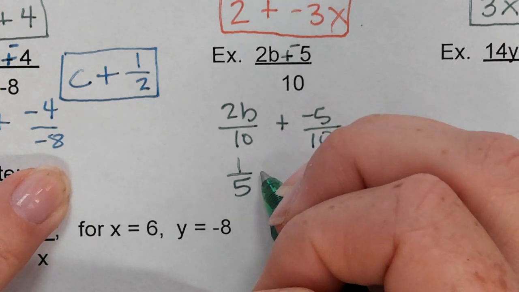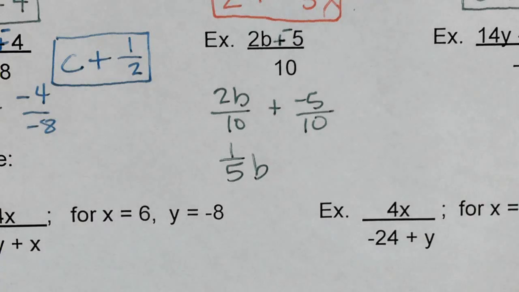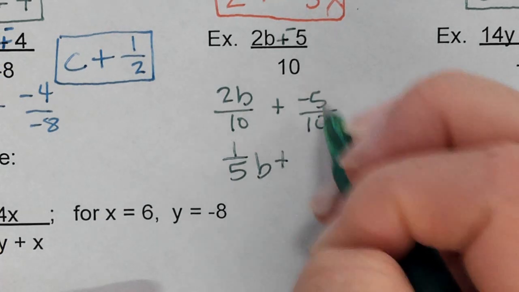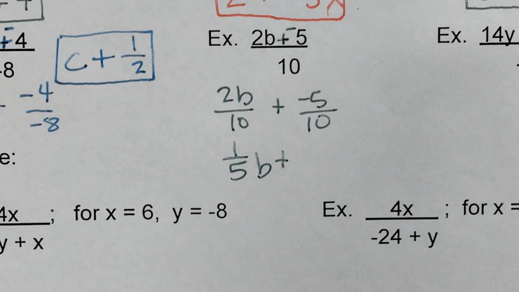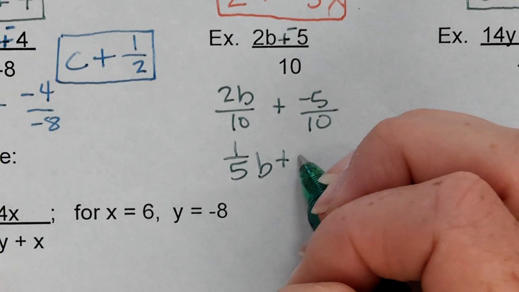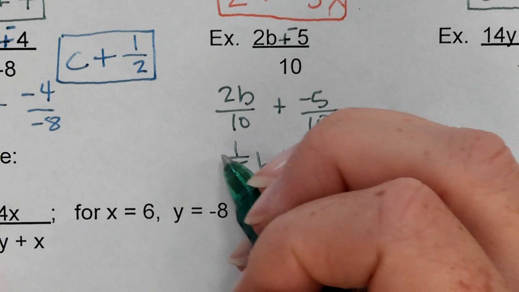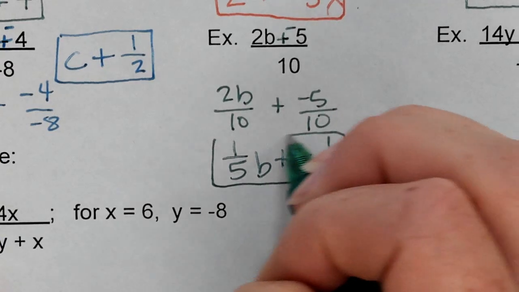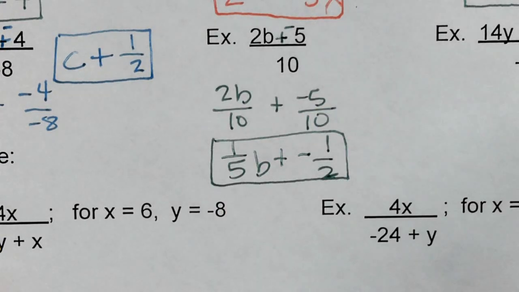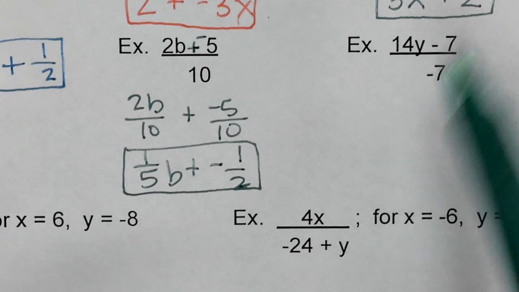On the top or out to the side. It cannot go on the bottom. Plus, what does negative 5/10 simplify to? Negative 1/2. Okay, can I skip this one or we got it? Okay, let's go to the bottom.